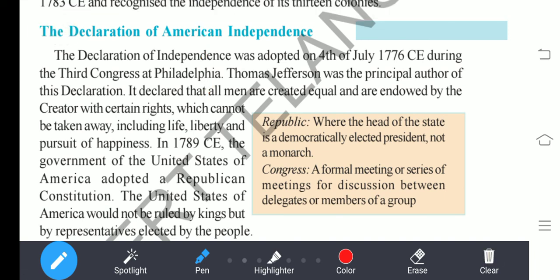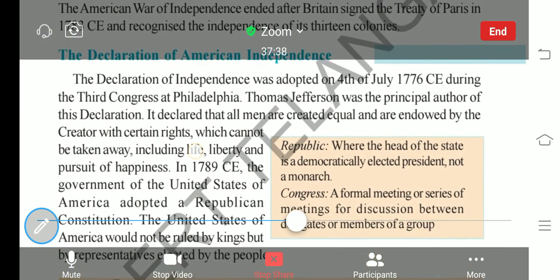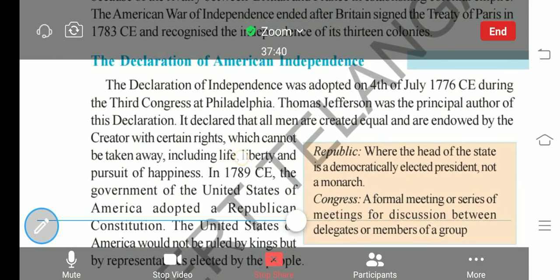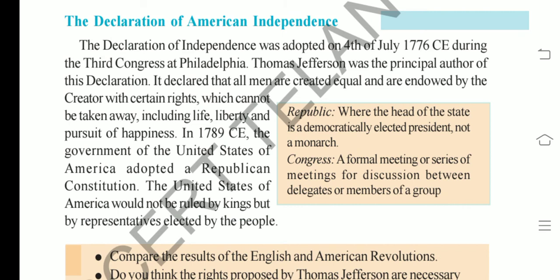In 1789, after Britain recognized the freedom and independence of America, the government of the United States of America was formed. America here means not the American continent but the American country.